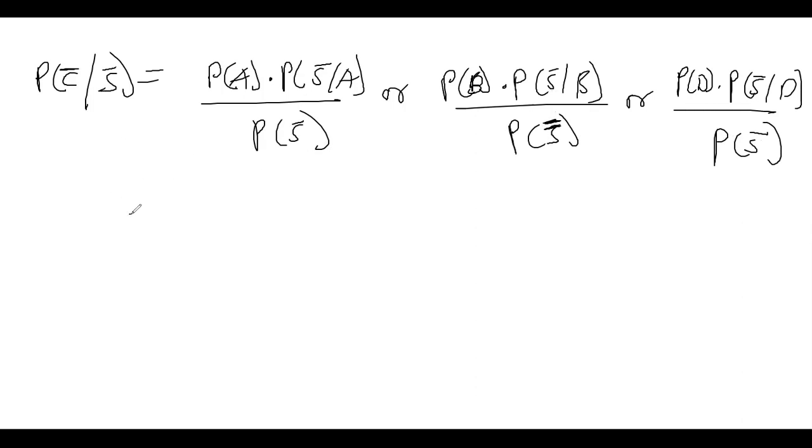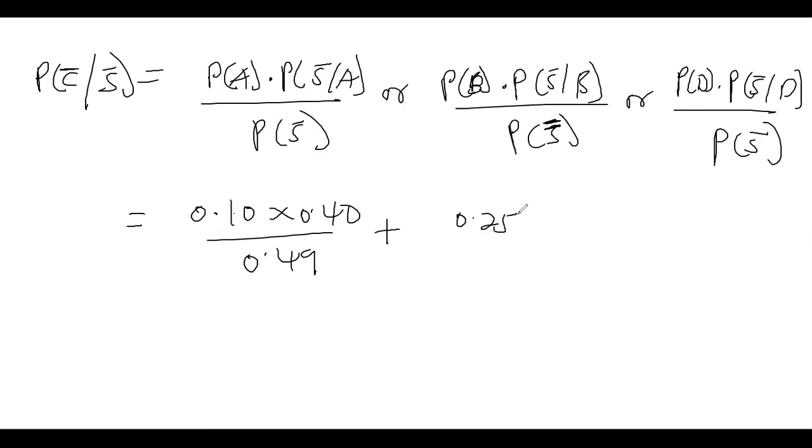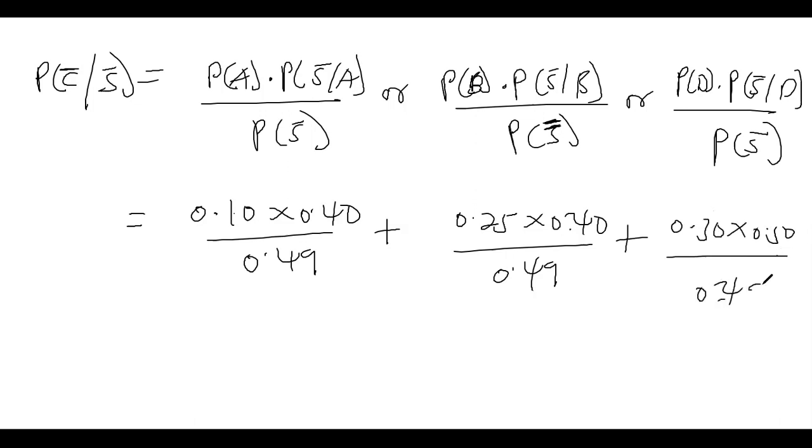Essentially this will give us 0.10 times 0.40 over 0.49, plus 0.25 times 0.40 over 0.49, plus 0.30 times 0.50 over 0.49. This will essentially give us 0.5918.